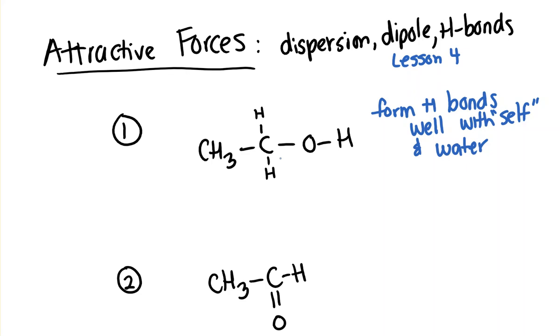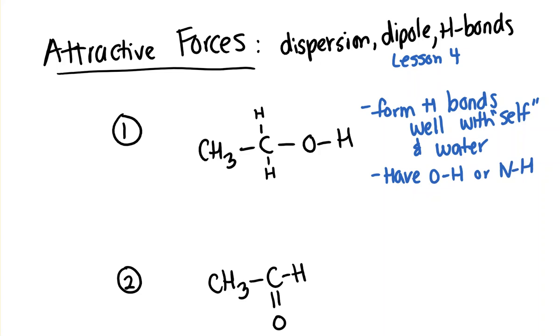this can't form a hydrogen bond with itself, but it can form a hydrogen bond with another molecule like it. So this hydrogen will reach out to another molecule to form a hydrogen bond. The compounds that can do this must have somewhere in there an O to H bond, or if they have a nitrogen to hydrogen bond, that can allow for hydrogen bonding as well.